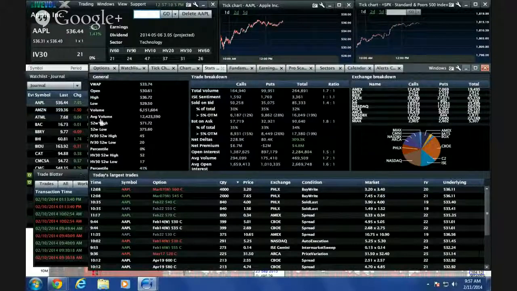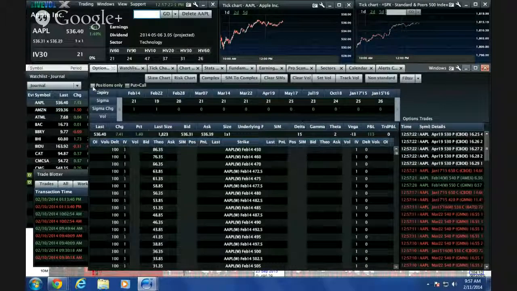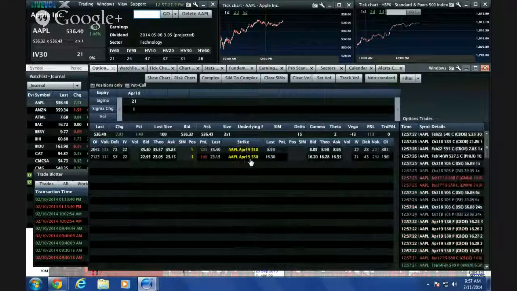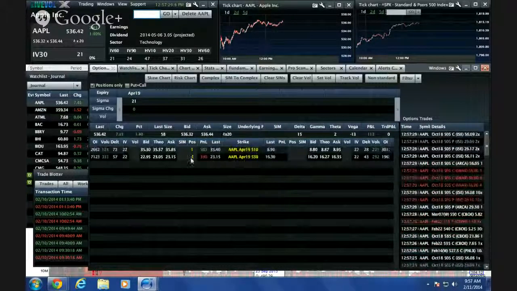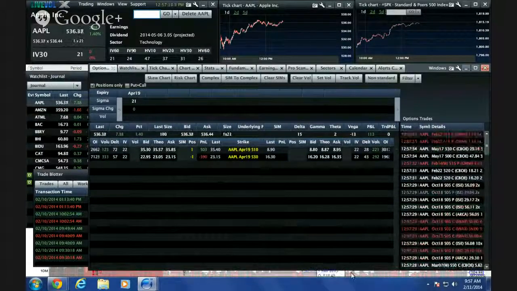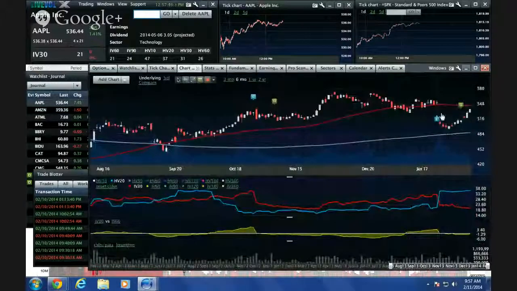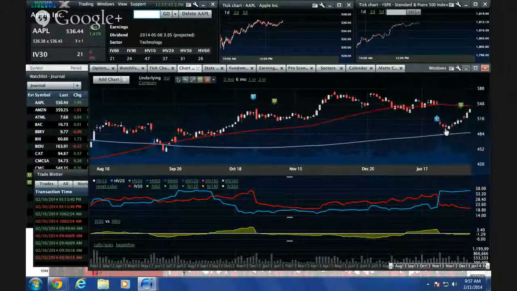The reason I bought my spread, and I'll show you what I have here: I bought this spread, April expiration 510, 530, and the reason I bought it was because not only was it bullish, but there were a couple of other factors. When Apple announced their earnings and the stock went down to around the $500 range, Carl Icahn was buying it before the earnings announcement, and then a few days after, Apple said that they bought a ton of stock as well.